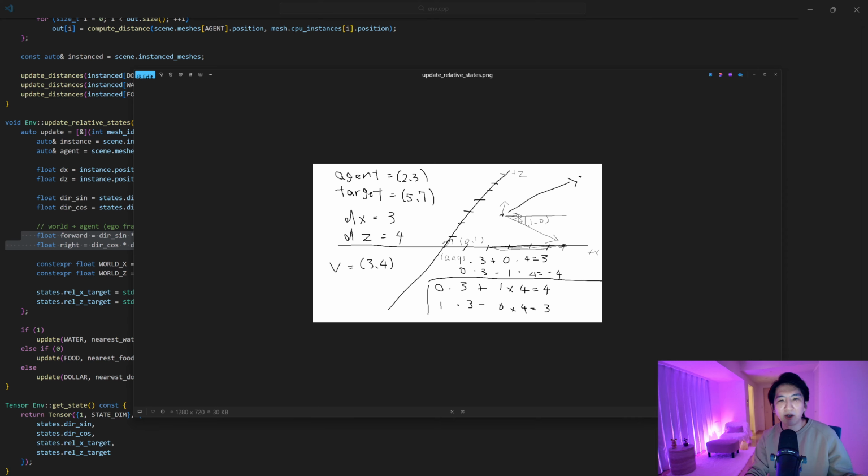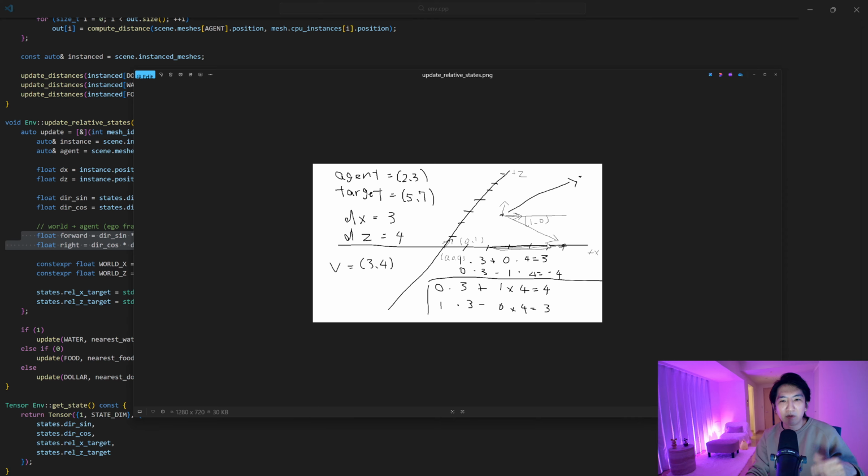I'm using DirectX, so normally when you rotate, when the AI was facing this way and you rotate this way, it would be negative 90 degrees, but I'm using DirectX 11 by default. It's opposite, so if I rotate in this way, it would be positive 90 degrees, or pi over 2 radians.